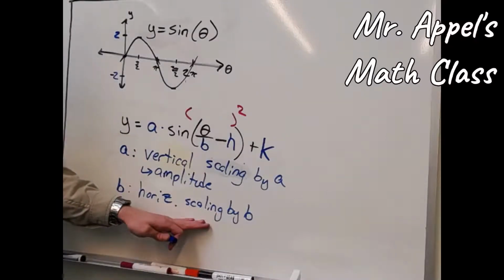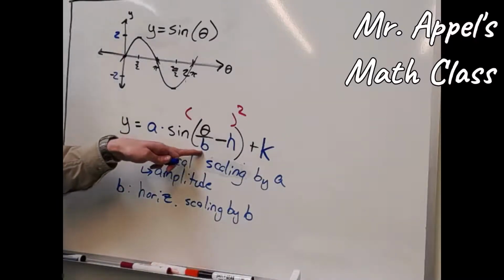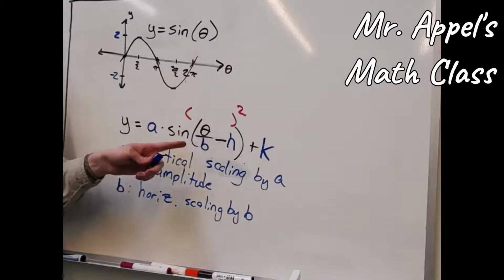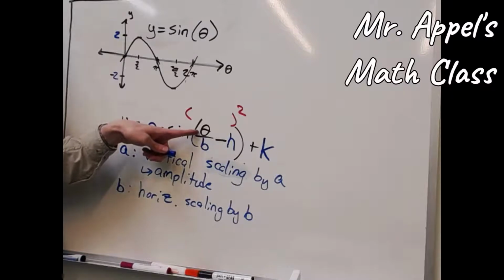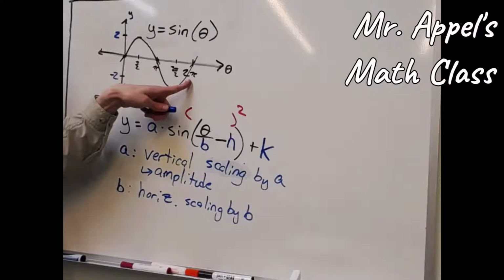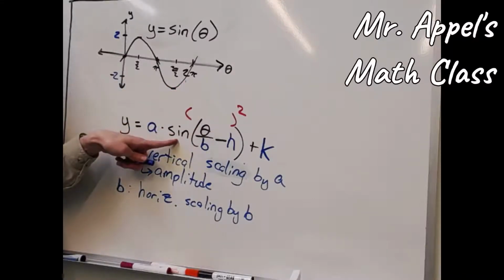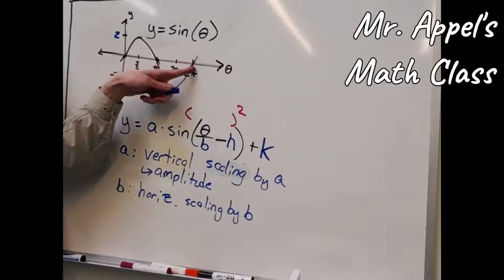Now I say scaling by b. We divided by b. Because remember, everything inside here is the opposite of what you'd expect. I took all my original x values. Let's pick an easy one, 2 pi. Originally, when I plug 2 pi into sine, I get 0, right?